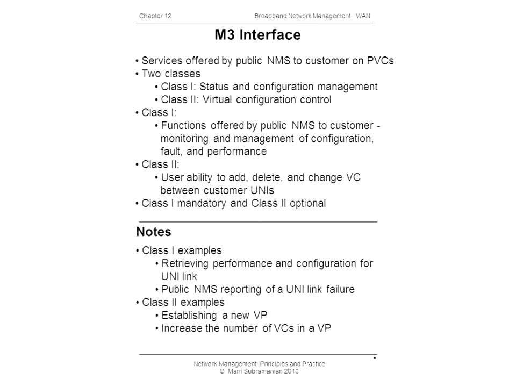Now class 2 service provides greater capability to the user. The user can request the service provider to add, delete, or change the virtual connections between a pair of customers' UNIs. An example of this will be the customer wanting to establish a new virtual path or increase the number of virtual circuits in a given virtual path.